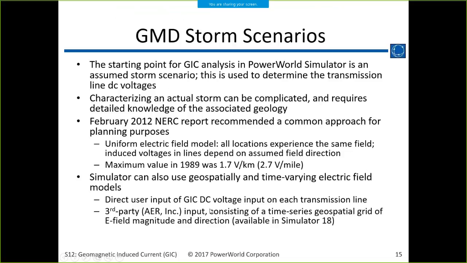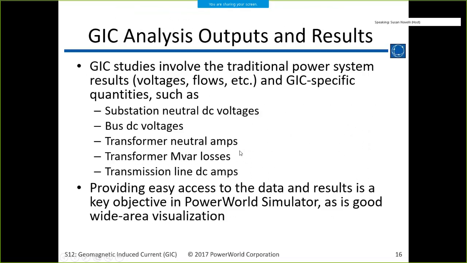Okay, so the starting point is modeling a storm scenario, and we'll get into that in the example as we go forward. And the outputs: when we solve for the DC network, we saw that G matrix and the matrix equation that Tom showed earlier.